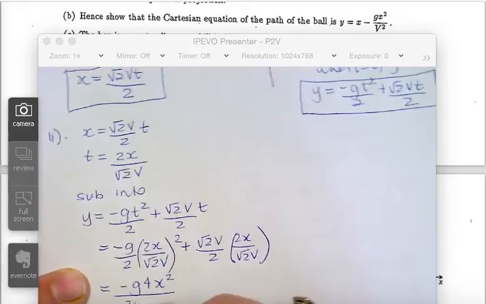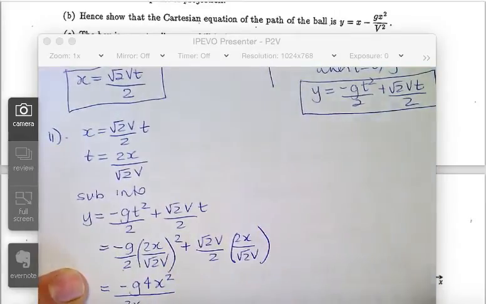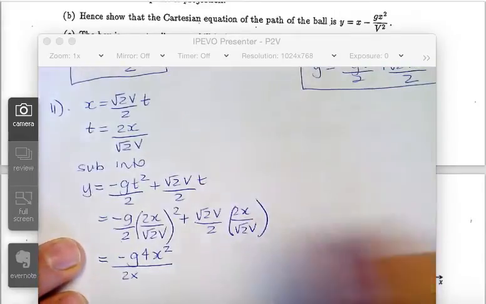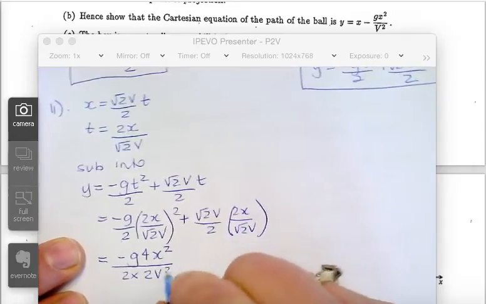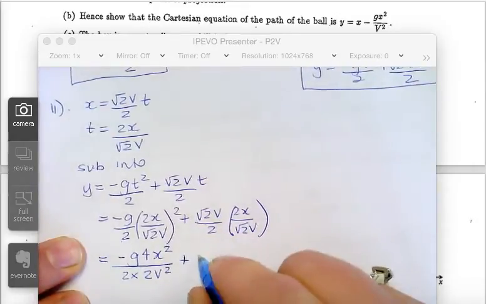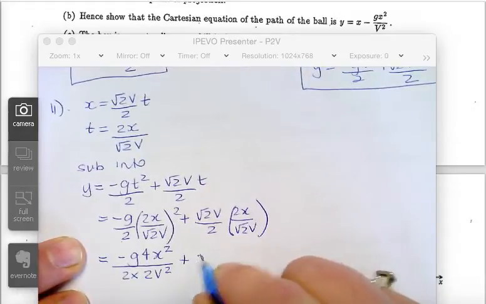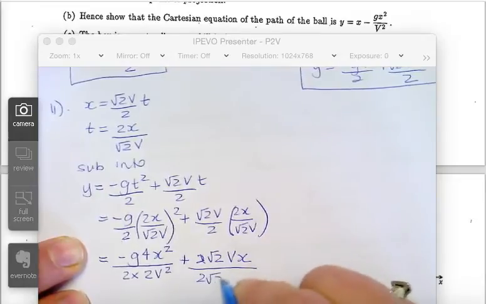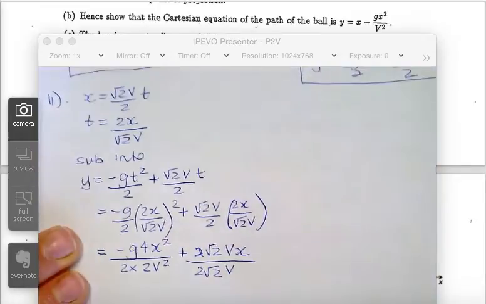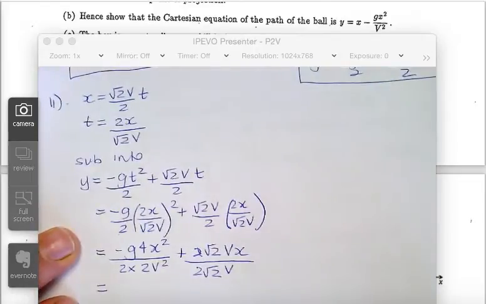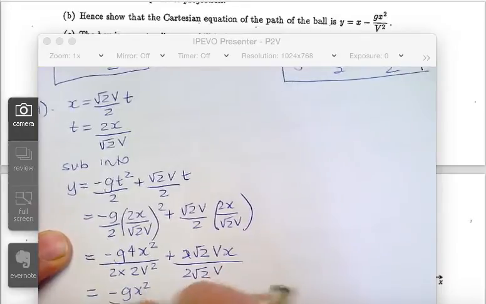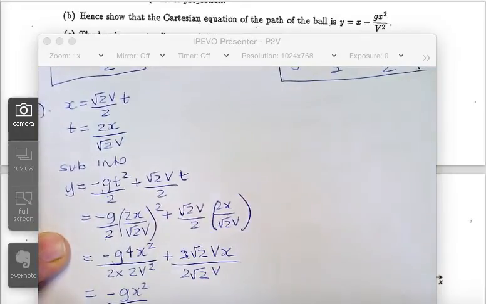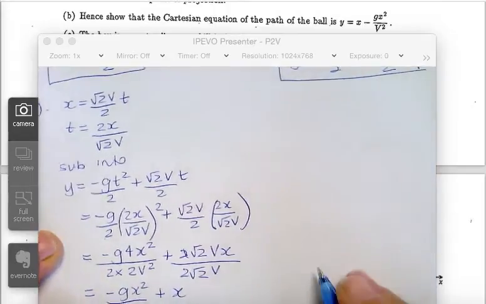You've got the 2 times root 2 squared is 2, v squared is v squared, plus we've got 2 root 2 vx over 2 root 2 v. Very nice. Most of it cancels. So you get negative gx squared on v squared. The 2 root 2's cancel, so does the v, plus x.